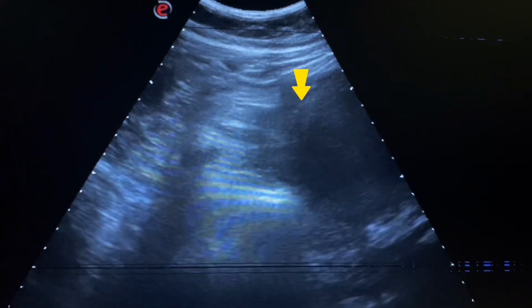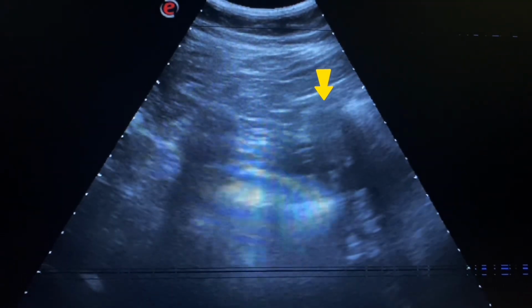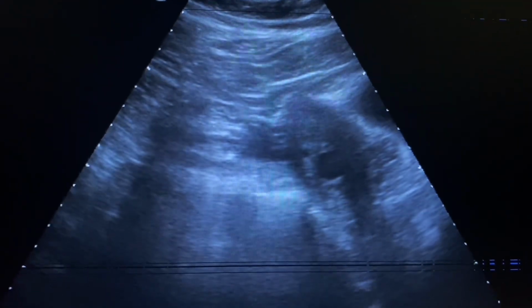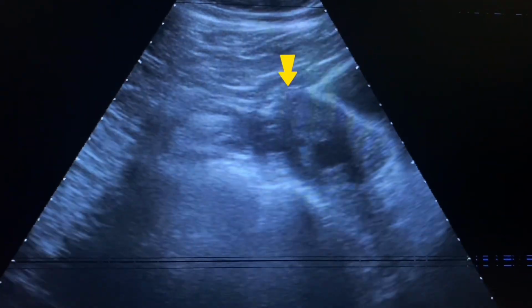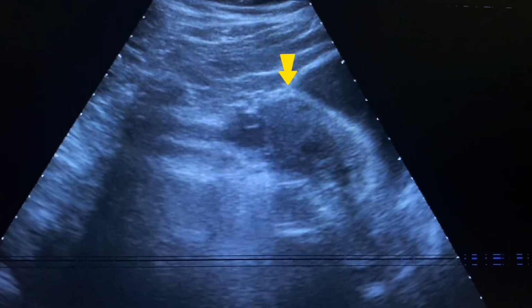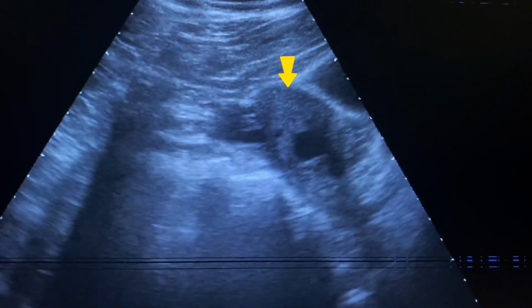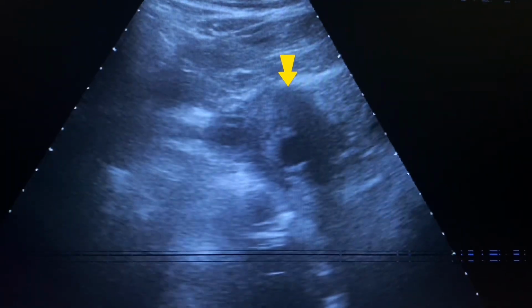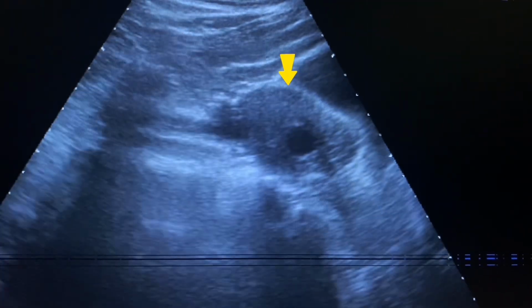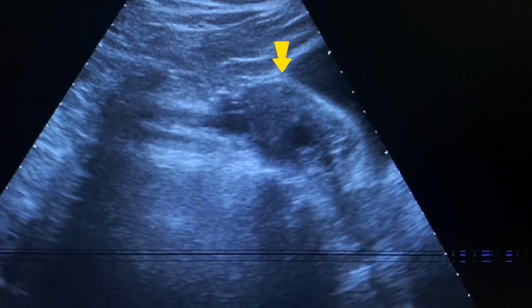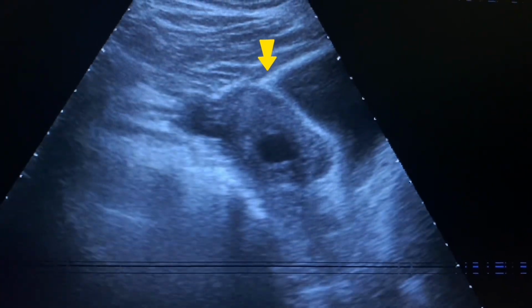Now we will scan the ovaries to rule out any pathology. Here we see the right ovary, which is normal in size. No mass or lesion seen.